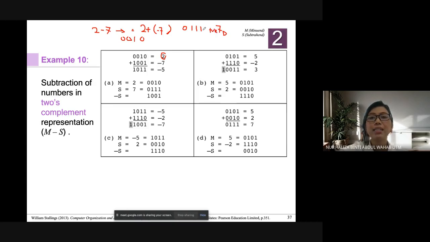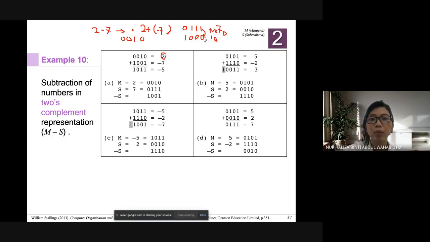So, second step, you're going to change it. The first step, you're going to flip it. If it's 1, it's going to be 0. 1 is going to be 0. 1 is going to be 0. 0 is going to be 1. So, this is your first complement, 1's complement.